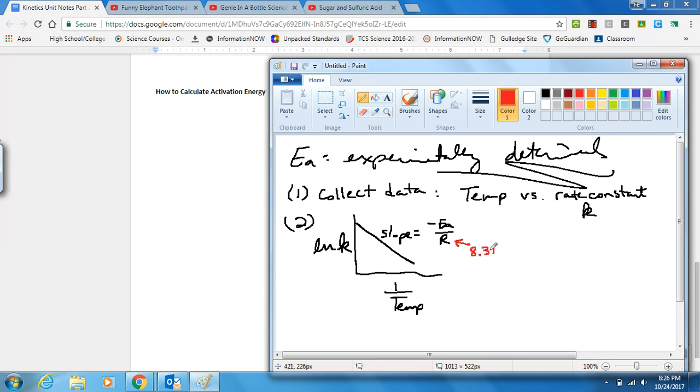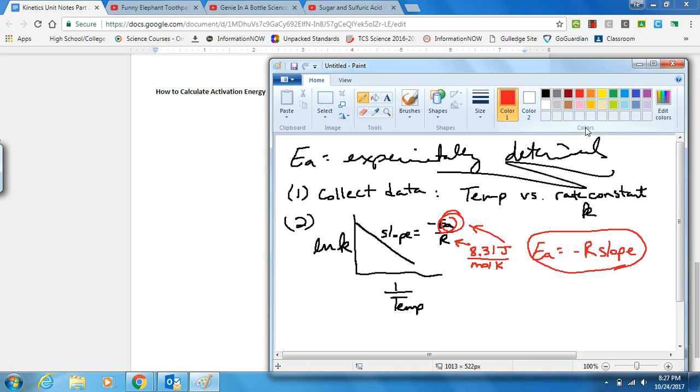And remember, the reason why we use this R value is because its units are joules per mole Kelvin. And anytime we're working with energy, we have to use this joule form of R. So if I know that slope is equal to this, activation energy is equal to negative R times my slope value. So that is how I calculate activation energy.